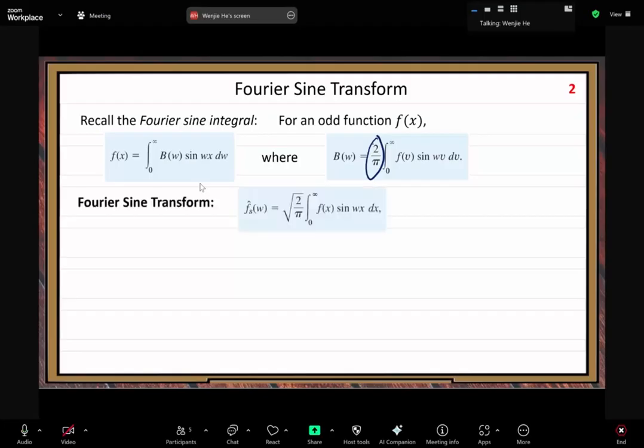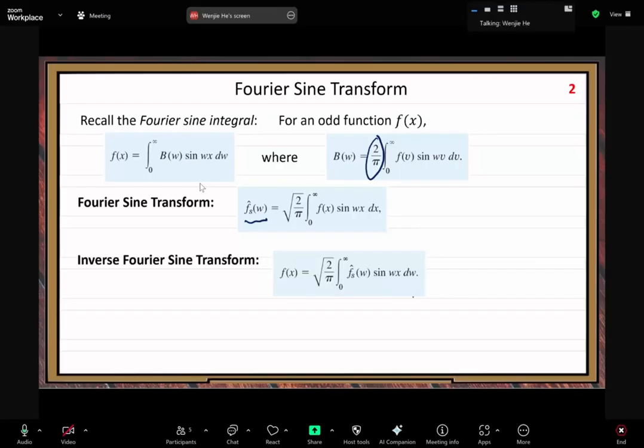For notation, you use subscript s and that little hat symbol. That's the Fourier sine transform. Then the inverse Fourier sine transform. Very nice.